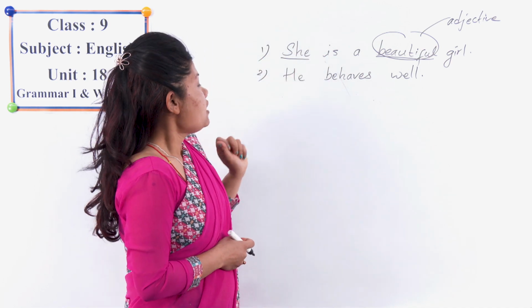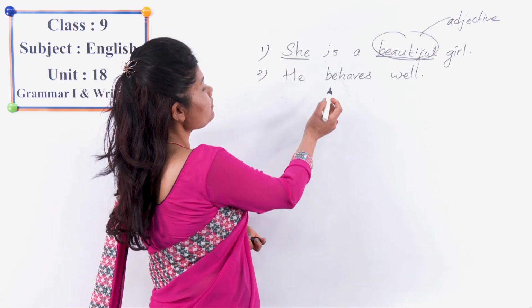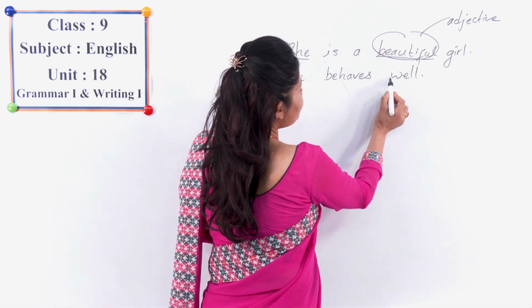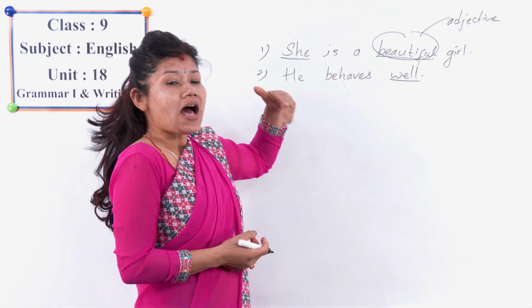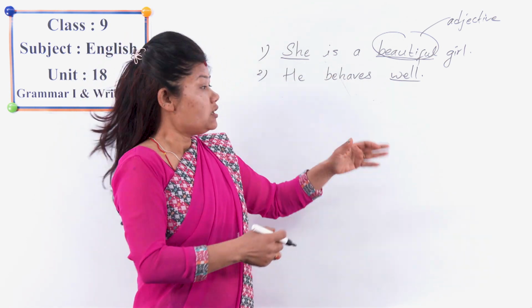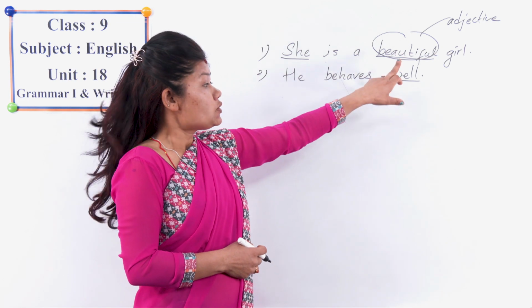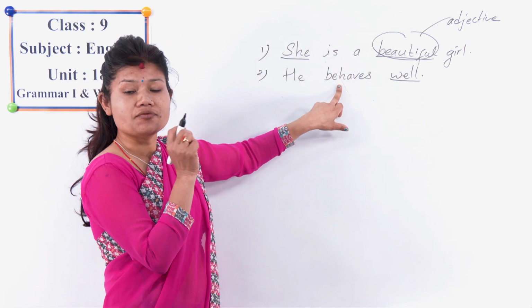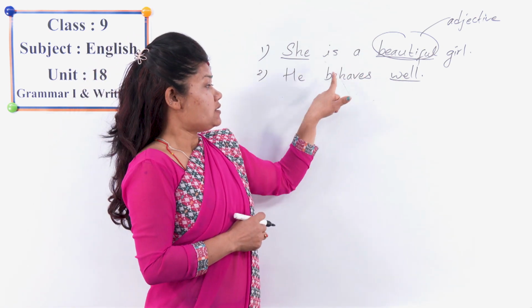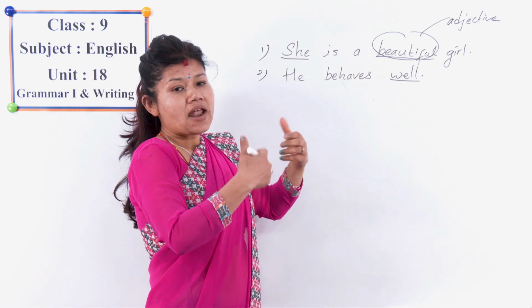Now read the second sentence. He behaves well. So focus here. He behaves, he acts. But how does he behave to others? He behaves well. So this word well has connection with this verb. It modifies this verb, the manner.